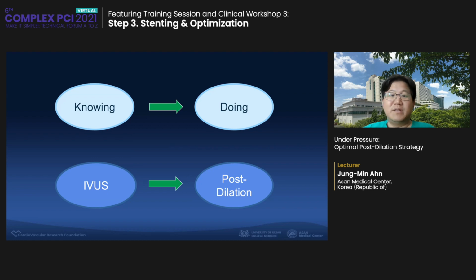Performing IVUS itself is not enough, because if we want to change something, knowing is not enough. We have to do more based on what we know. So when you see the IVUS, we have to find the suboptimal result and apply post-dilatation adequately.